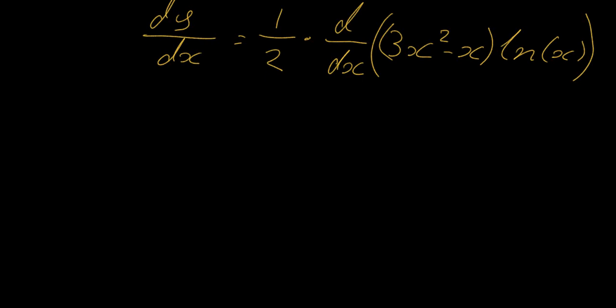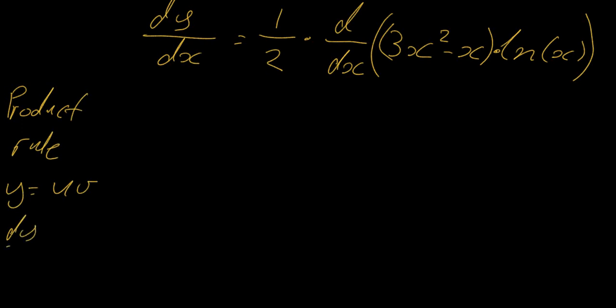So if they're multiplied by each other, then that means we can use the product rule. Just to refresh on the product rule, if you have y equal to uv, then dy dx is u dash v plus u v dash.